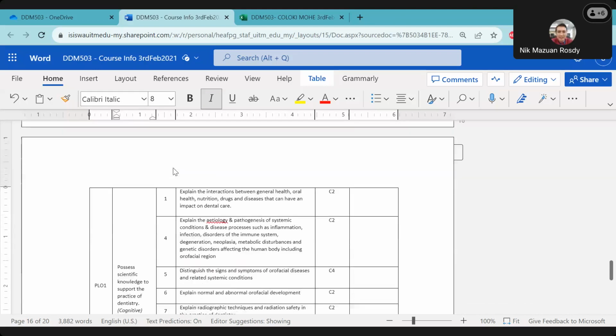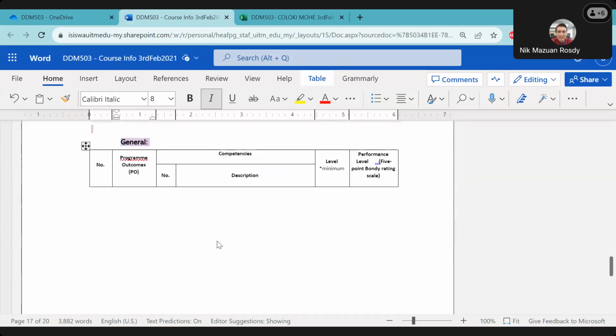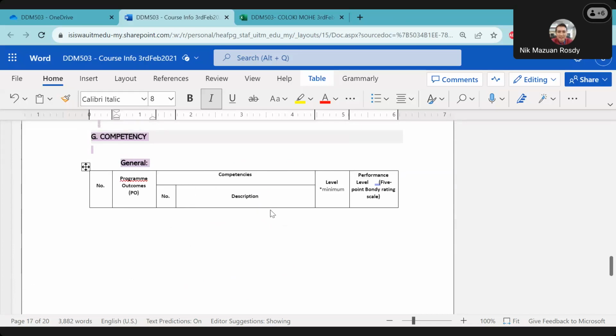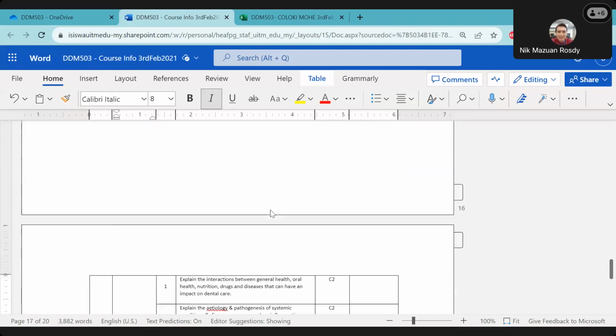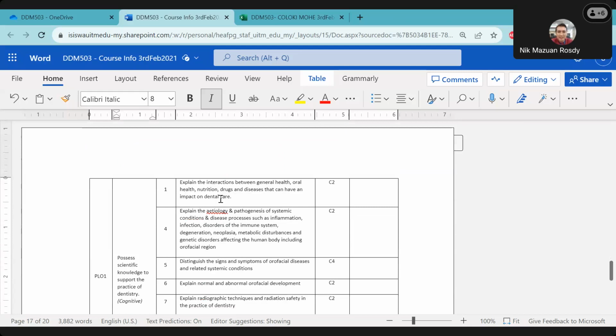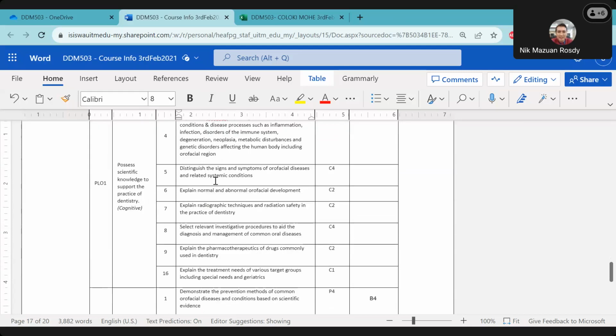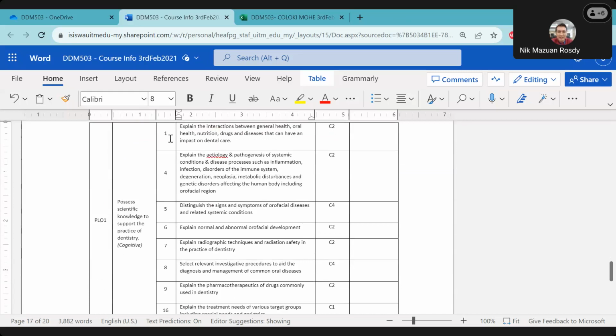Okay. Alright, so for those who have section G, you will have this kind of table and then you just list out what is relevant to your course. So for me, if you look, PLO 1 has many. I have 1, 4, 5, 6, 7, 8, 9, 16. So where are 2 and 3? I don't have 2 and 3 here because they are not related to my course.